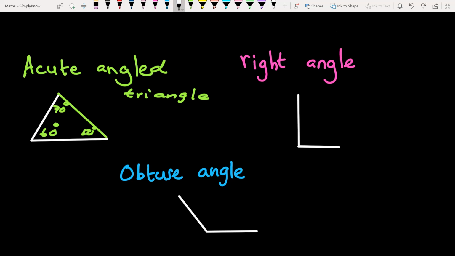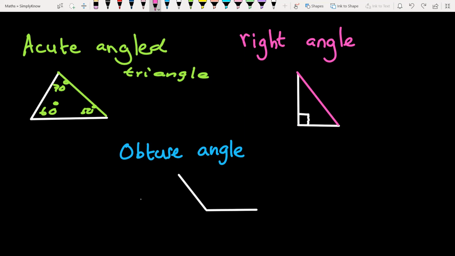Now let's consider the right angle. So what is a right angle? It is an angle equal to 90 degrees. What happens when I draw a line like this and form a closed figure? Yes, I get a triangle.